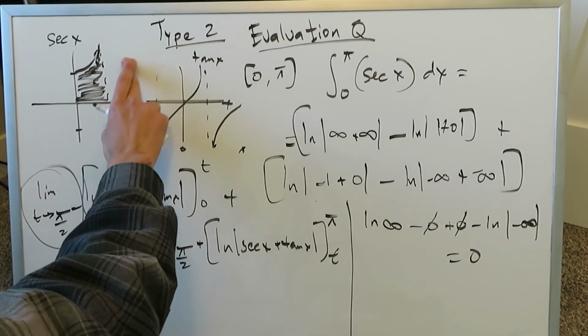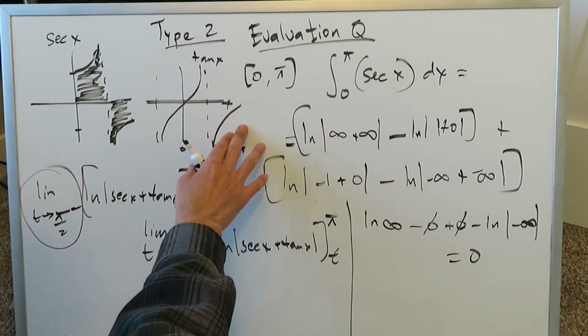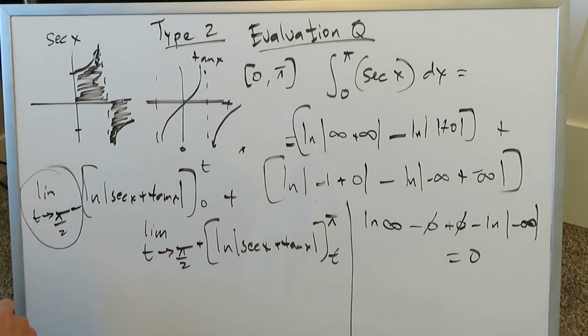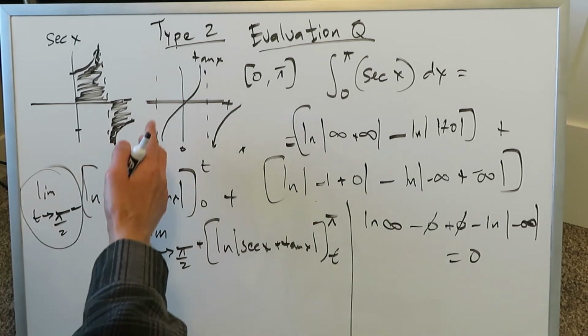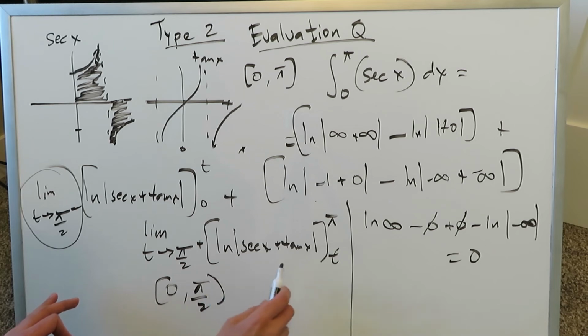The reason why it's wrong is because of the general principle. When you're looking at a question like this, when part of an integral over that part of the interval diverges, then you might as well assume that it diverges over the entire interval. Meaning if it's diverging from 0 to pi over 2, then you might as well assume that the entire question is divergent over the entire interval, and here our entire interval was 0 to pi, and pi over 2 just happened to fall in between as a vertical asymptote.